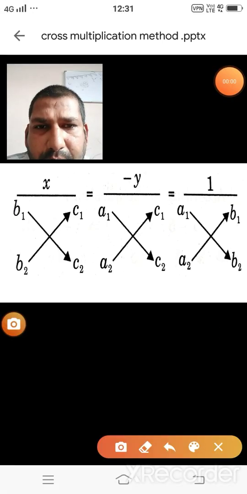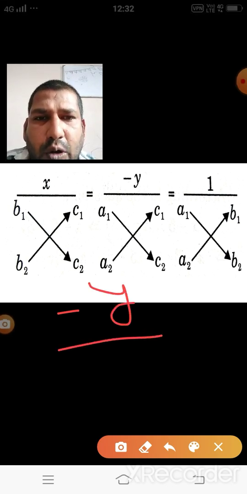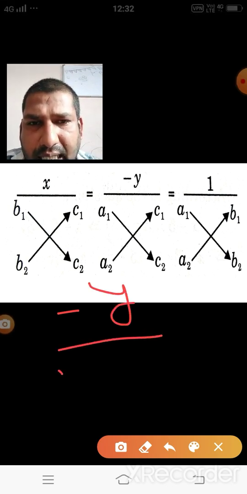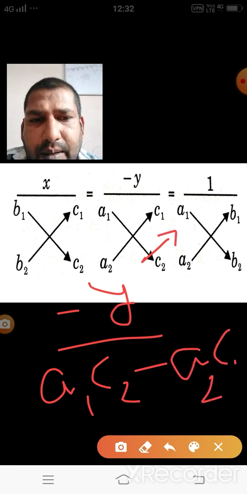Again we follow the same process. Up to down we get a1 c2, minus down to up, a2 c1.